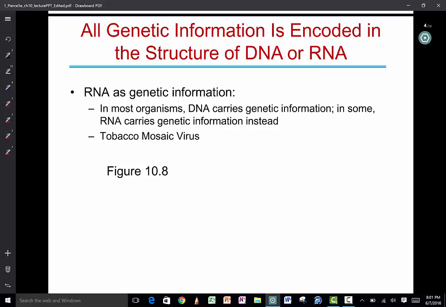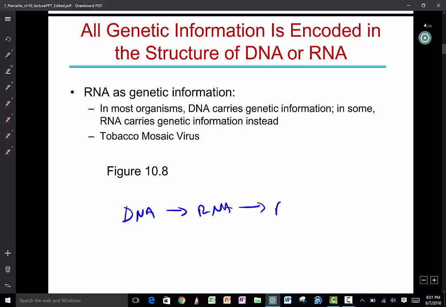RNA can also be genetic material. So we know going in, certainly historically they didn't know all this stuff, but over probably 60 years of research, DNA structure was figured out in 1953, and now it's 2016.